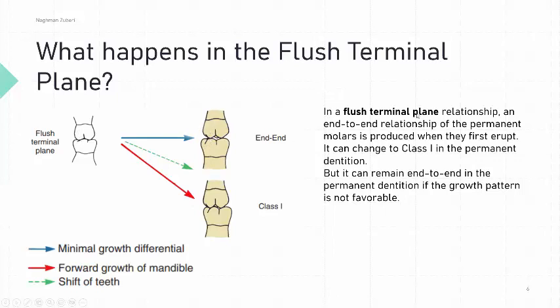In a flush terminal plane relationship, an end-to-end relationship of the permanent molars is produced when they first erupt. It can change to class 1 in the permanent dentition, but it can remain end-to-end if the growth pattern is not favorable.